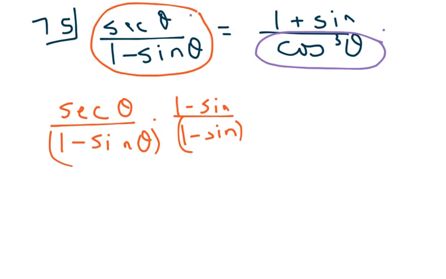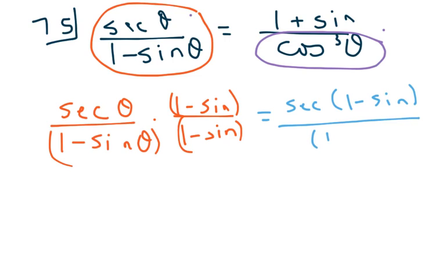So when we do that, we're going to get secant times 1 minus sine over 1 minus 2 sine plus sine squared.